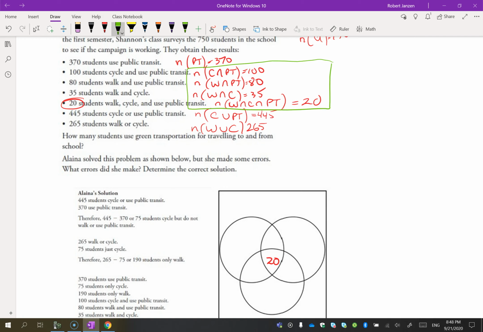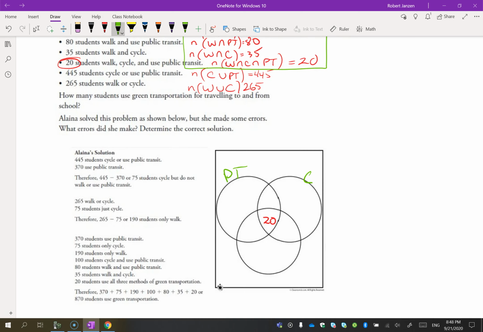If we know that 20 do all three and 100 use cycle and public transit, then this region should be 100, meaning I must have 80 here. Does that make sense?